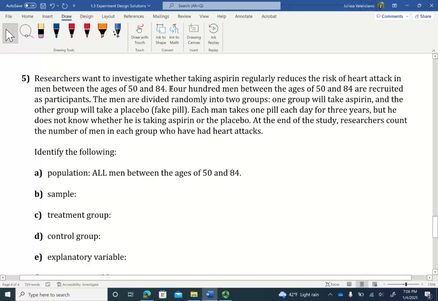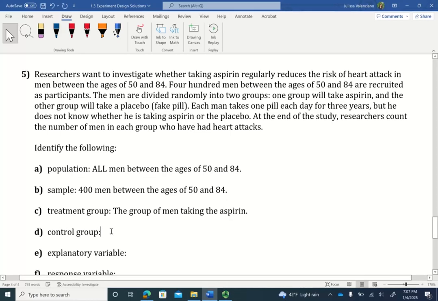Well, our sample is 400 men between the age of 50 and 84. What's the treatment group? So notice it says men are divided randomly into two groups. One group will take the aspirin, the other group will take the placebo. Okay? So the treatment group is the group of men taking the aspirin. And what is the control group? Well, the control group is the group of men taking the placebo.